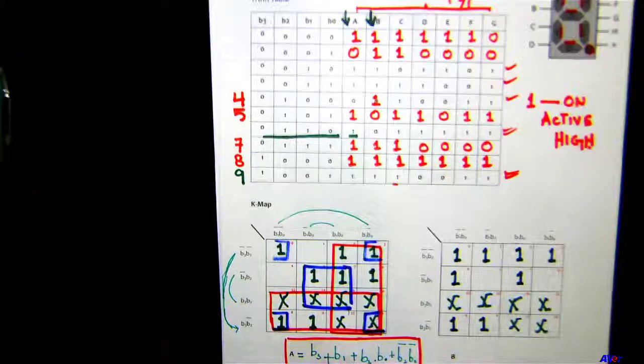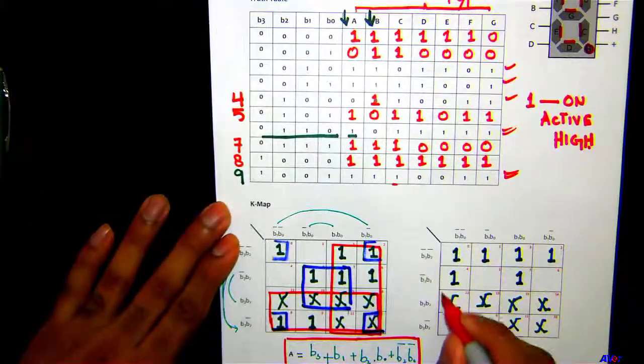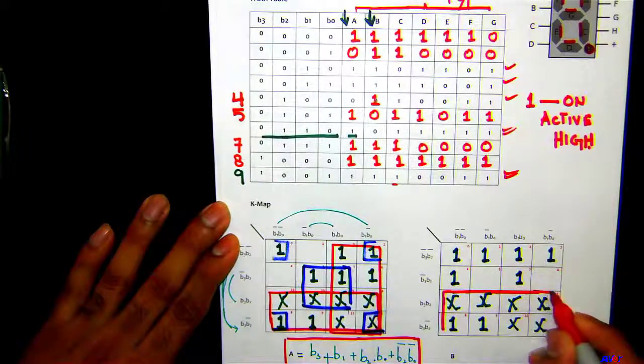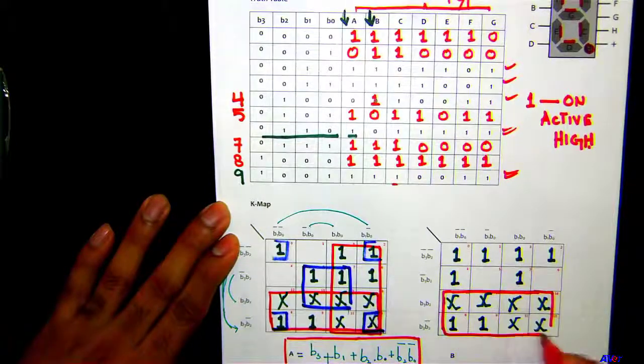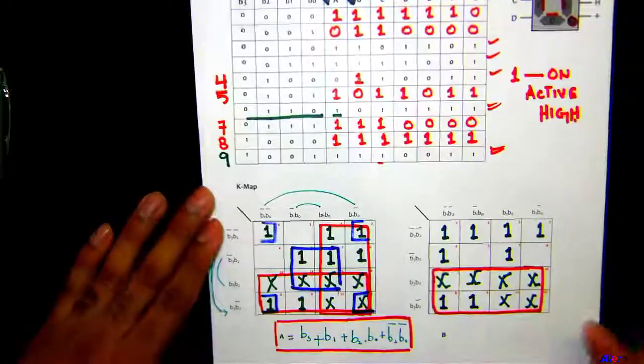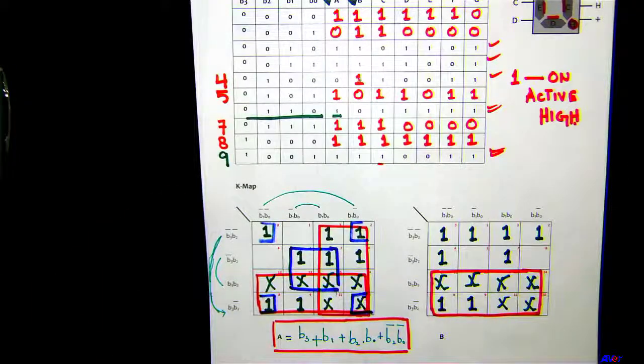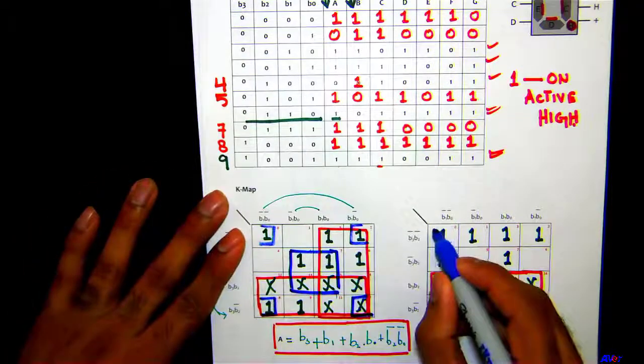Again, we can go for this group of 8 here, correct? Okay, top row. How many of you think that we can go with the top row? Yes. Yes, we can. You remember we can wrap it around and they will be considered as adjacent ones.